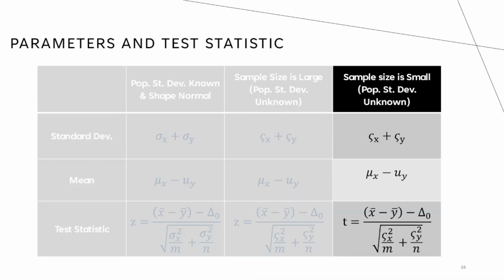All right, so looking at t-test parameters and the test statistic, we're extending from what we've already done with the normal distribution, looking at literally the same expressions, and the mean and standard deviation are the same as when the population standard deviation is not known.